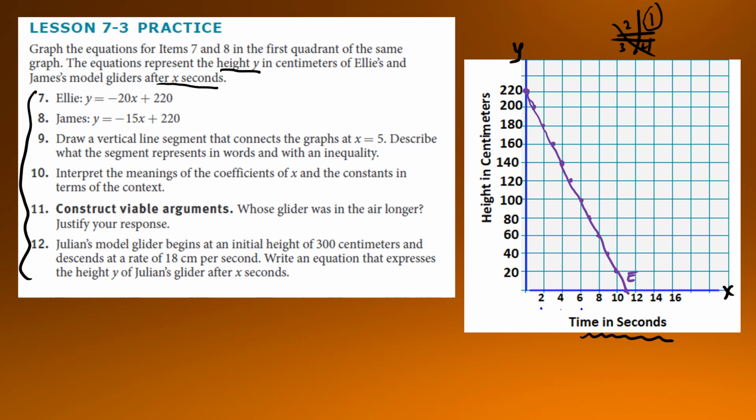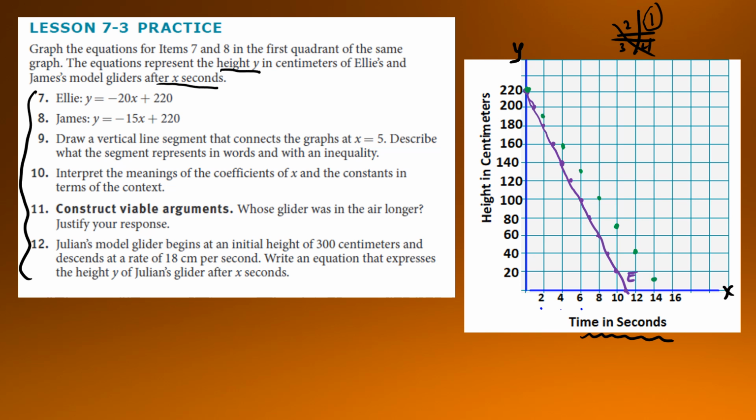And then the other one, James, he starts at 220 also, and he goes down 15 every second. So that means every 2 seconds he's going down 30. That might be an easier way for me to do it. So down 30, 30, 30, and 30.